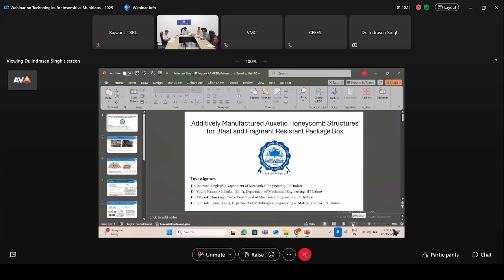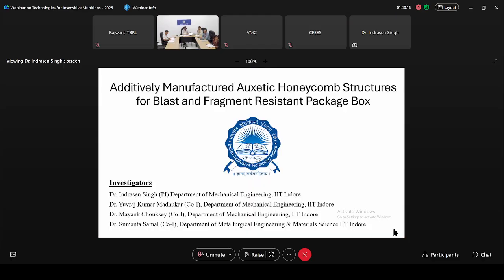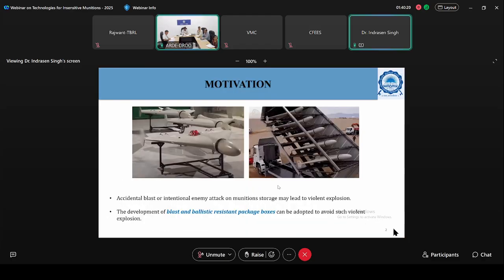So this project is in collaboration with four of my colleagues at IIT Indore. The motivation is, we have munitions stored in a particular place, and if any accident or enemy attack happens, it may trigger the blast of the warheads of these munitions.